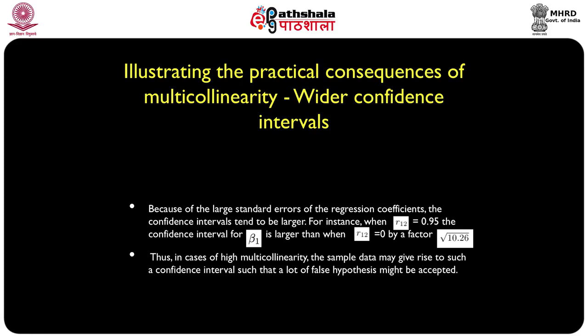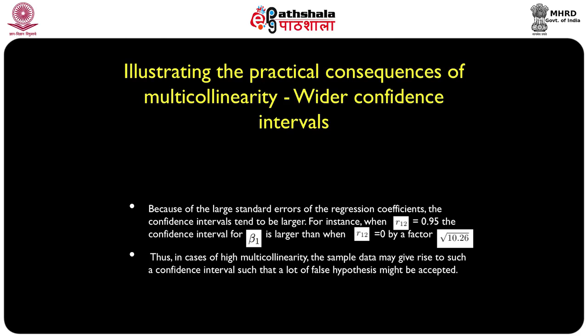Now, let us illustrate the practical consequence of multicollinearity where we have wider confidence intervals as a result of the presence of multicollinearity. Because of the large standard errors of the regression coefficients, the confidence intervals tend to be larger. For example, suppose the correlation coefficient between x1 and x2 takes the value 0.95, which is very close to 1. Hence, x1 and x2 are highly collinear.